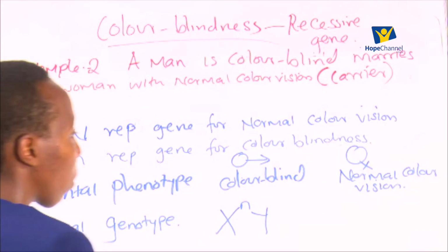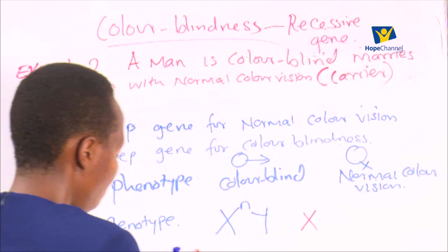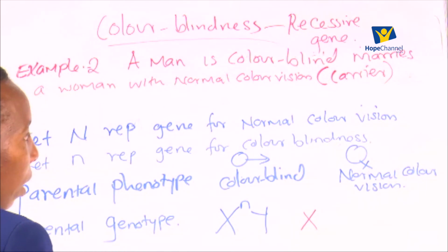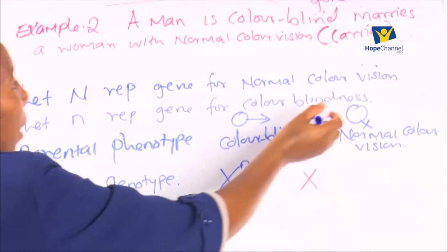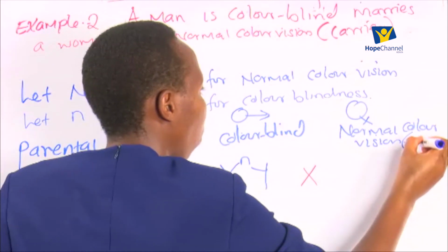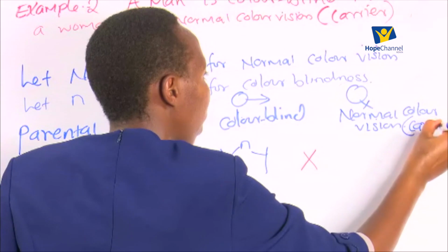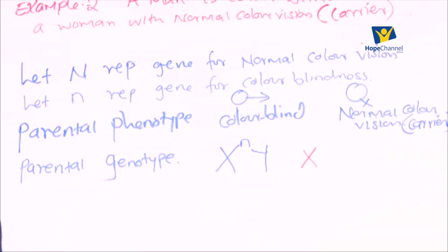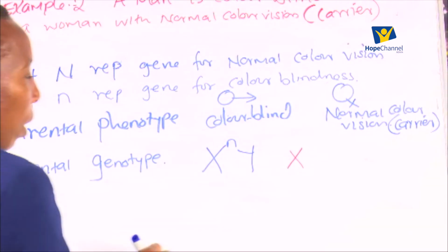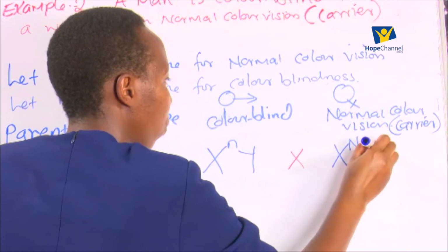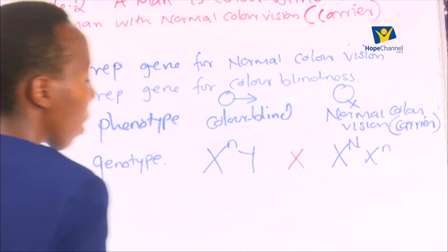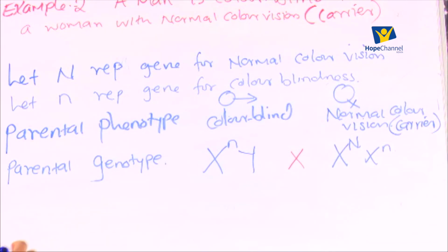Then we are crossing him with a normal color vision woman, but this person is a carrier. So it is good we indicate in brackets that the person is a carrier, so that we know she is carrying a recessive gene.